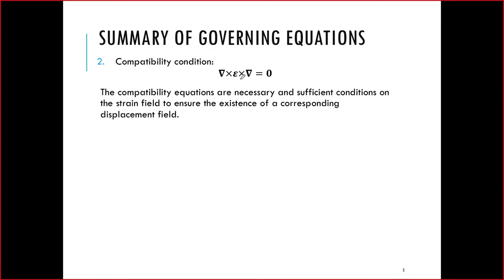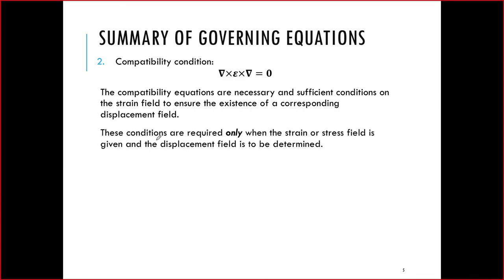The only important thing to note about this is that this only comes into play when we already know the strain field and we are trying to find the displacement field. Okay, so इसके लिए सिर्फ हमें ये चीज़ याद रखनी है, ठीक है, कि what if somehow we applied, let's say, force sensors on our body और उससे हमने किसी तरह internal stresses determine कर ली हो for our continuum body.